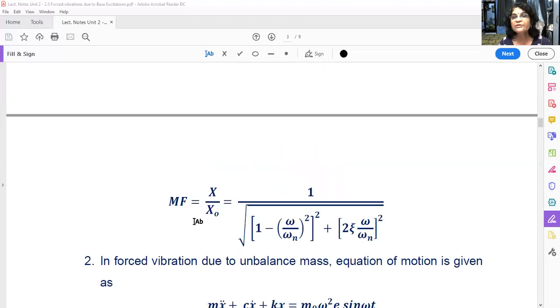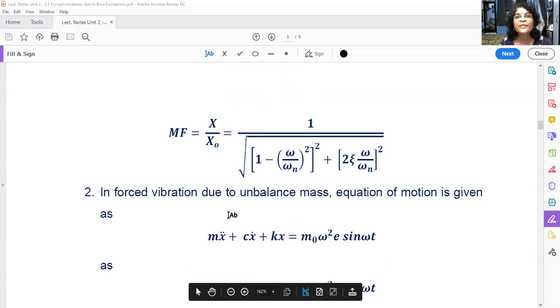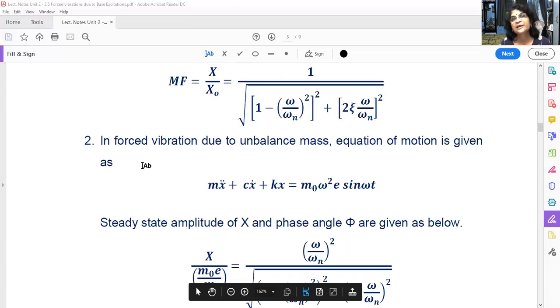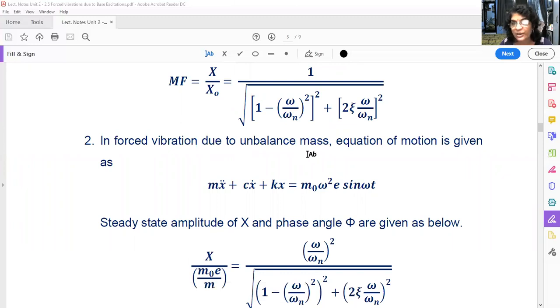Then we studied the magnification factor, which is the ratio of steady state amplitude to the zero frequency deflection, which is given as 1 upon the square root of the whole thing. Then we studied the second case, that is forced vibration due to unbalanced mass. What was the equation of motion? We derived m x double dot plus c x dot plus k x is equal to mo e omega square sin omega t.